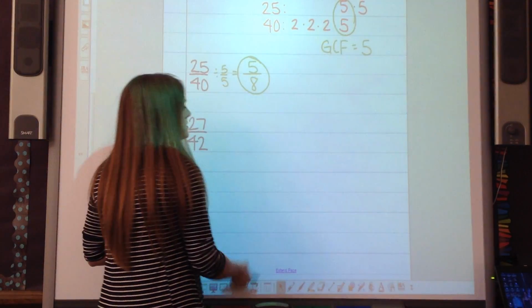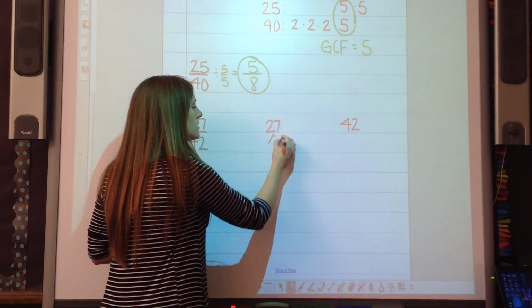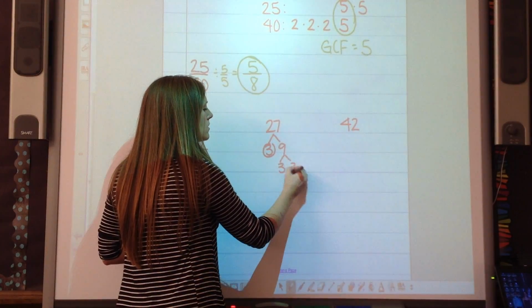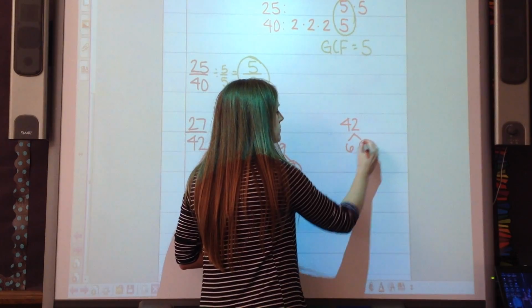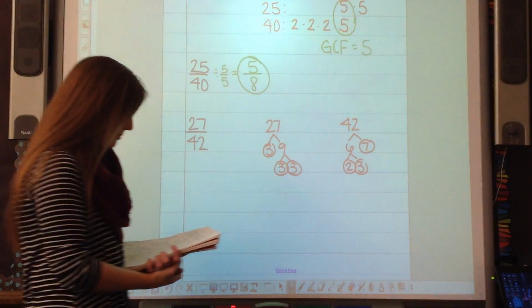Okay, so first I'm going to use prime factorization. And then I'm going to list the numbers.